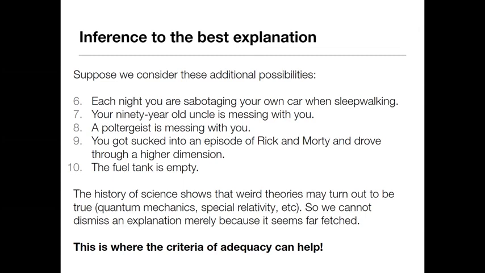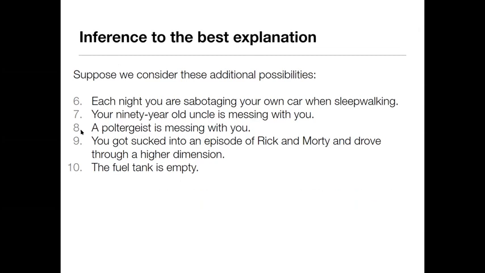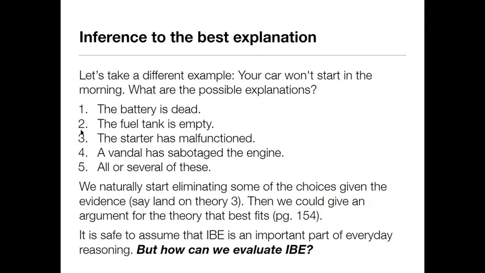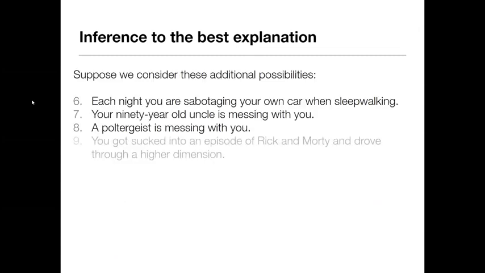But one thing that I really like about our textbook is that Vaughn goes through, well, how do we separate, what kind of tools do we have in science, in law, in medicine, philosophy? How do we rule out the Rick and Morty explanation, but keep these explanations, right? Why are these kinds of explanations for why your car won't start better than the Rick and Morty explanation?